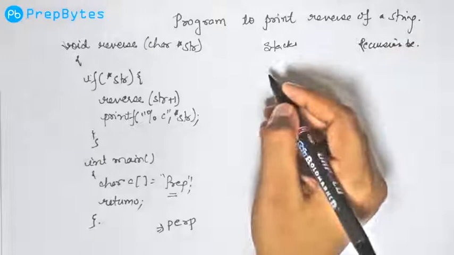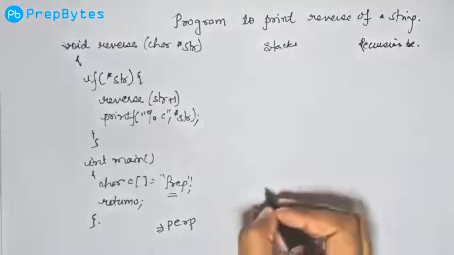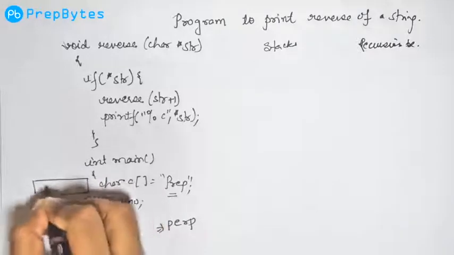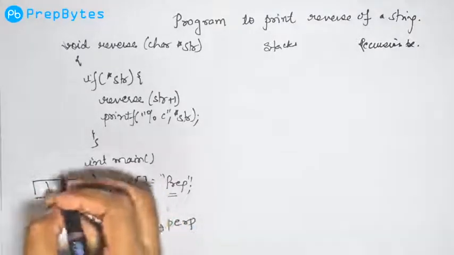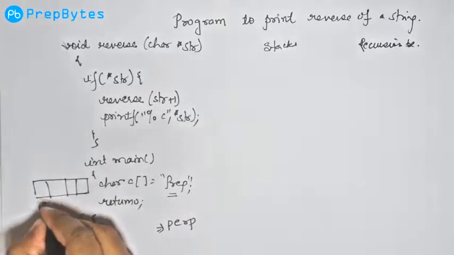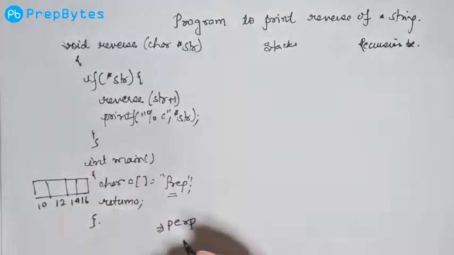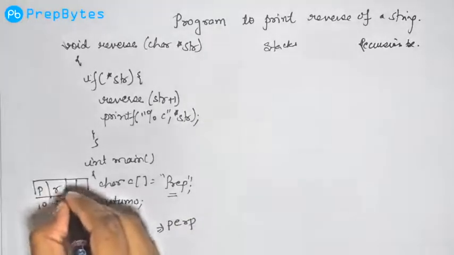So what happens in the stack is, let's say I have this PREP in memory, and this will have address 10, this will have address 12, this will have 14, and this will have 16. Let's say integer is 2 bytes. So this is PREP.